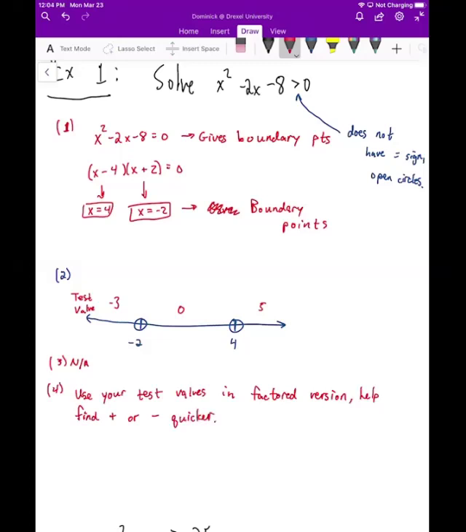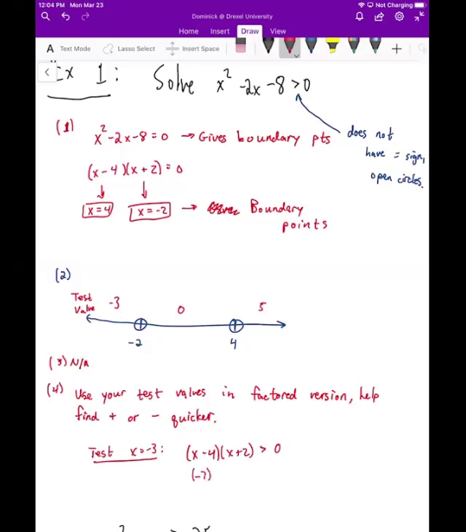So for example, if I want to test x equal to -3, my factored version is x minus 4 times x plus 2, and of course we want this to be greater than 0. If I plug in -3 here, I get a -7.